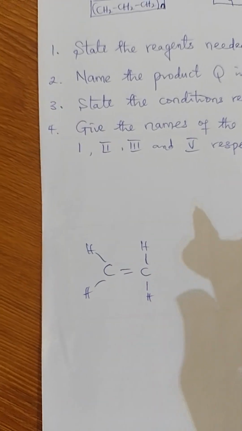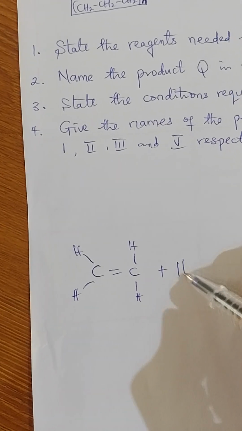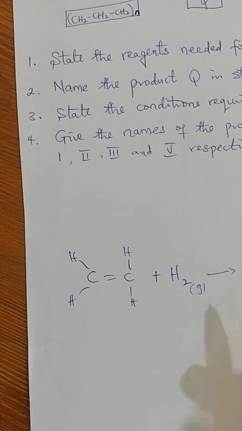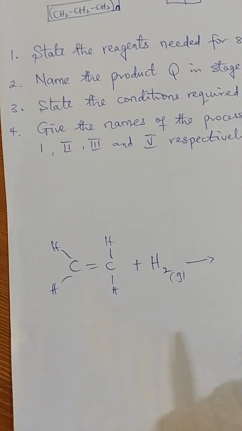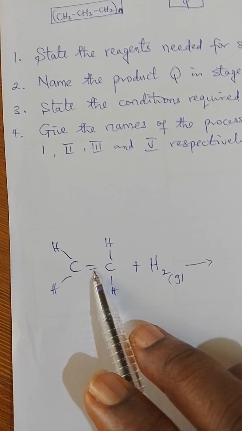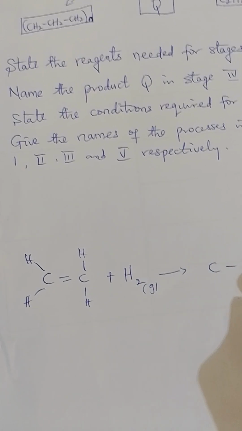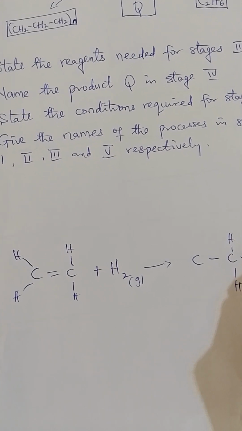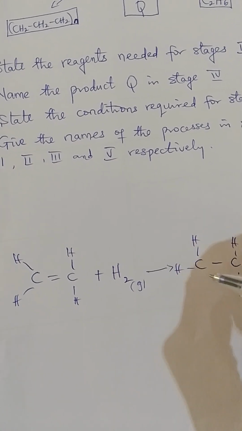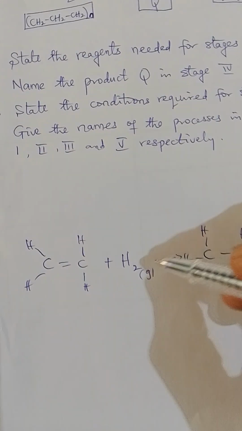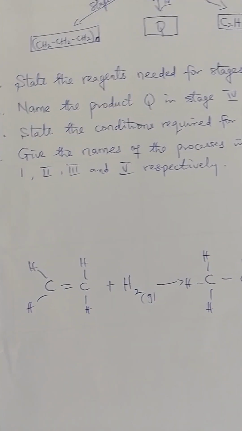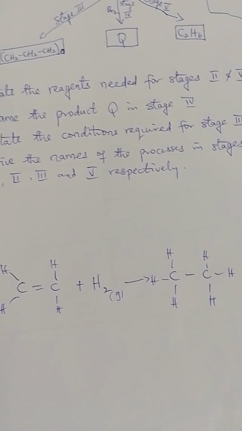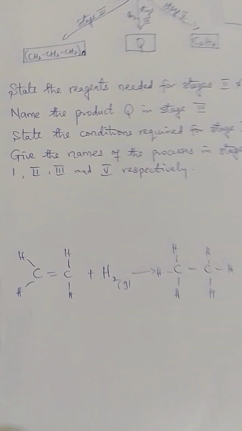So for it to change to ethane, that means there was an addition of hydrogen, perhaps hydrogen gas, which will help to break this double bond, turning the unsaturated hydrocarbon to a saturated hydrocarbon. You can get more of this information in your characteristics or chemical properties of alkane, alkene, and alkyne. So what happened here is hydrogenation. So what is the reagent for hydrogenation? That is hydrogen gas. That's all for question 1.